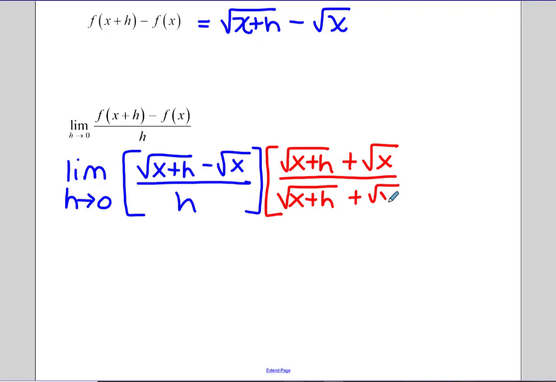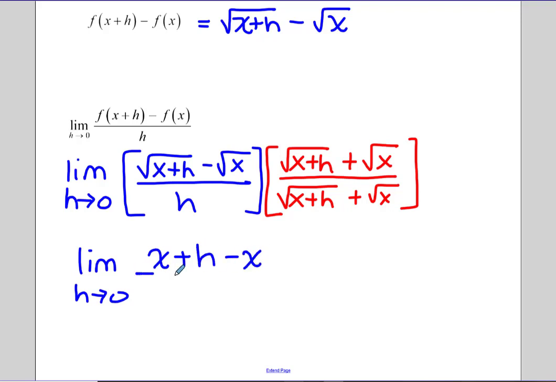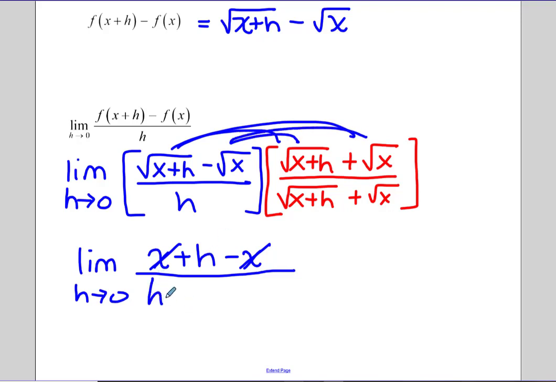And you'll see as we distribute this, our numerator is going to give us a nice term, x plus h minus x. So that's going to get rid of the x's. We're going to have only an h in the top after we distribute all the terms, and an h in the bottom, and then radical x plus h plus radical x.